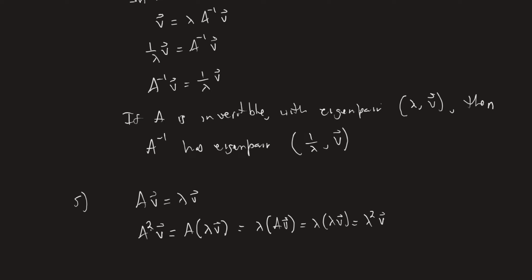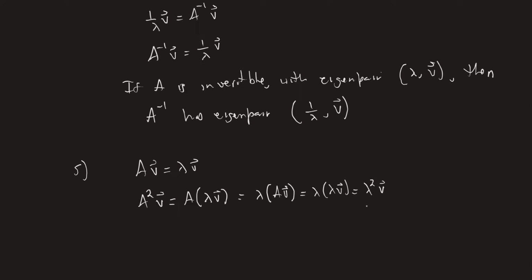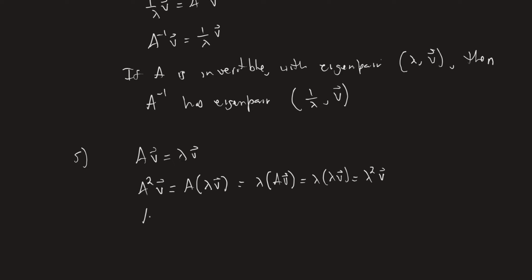So if I apply the transformation 2 times, my scale factor gets applied 2 times. And similarly, if I apply the matrix multiplication or transformation 3 times, same logic here, I'll get that lambda cubed times V is going to be the same as A cubed times V.